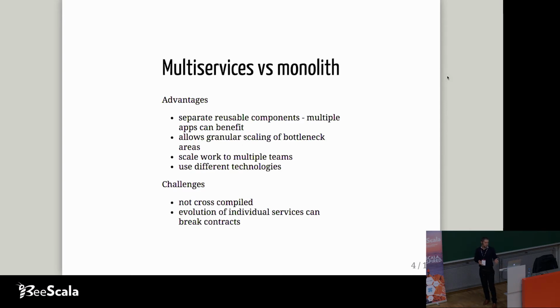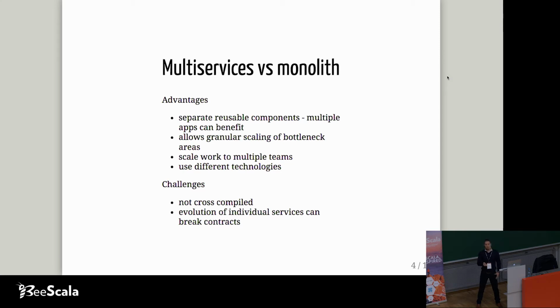So the advantages: you can separate into reusable components, so different applications can benefit from the existence of a specific service. Instead of incorporating the same functionality in every application that you build, maybe you have a central service that you can use from different applications.